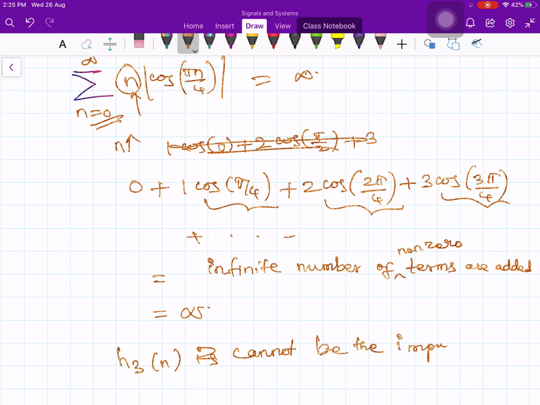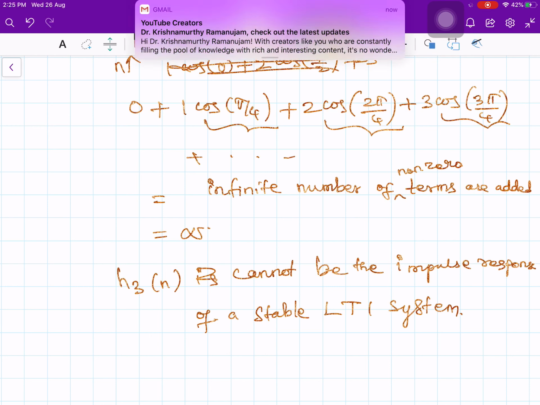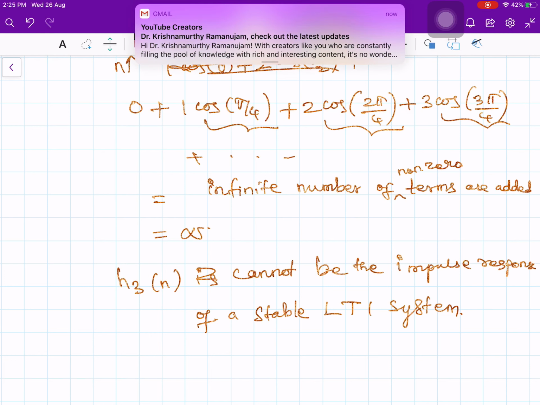It can be an impulse response of an unstable system, but it cannot be the impulse response of a stable LTI system. Okay, so that's it. Let me stop at this point.